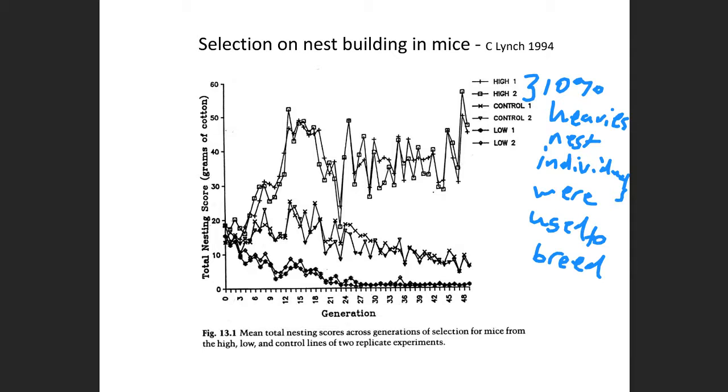In the low populations, they took the 10th percentile and below. And in the controls, they just grabbed 10% of the population at random and used those as the sires and dams for the next generation.